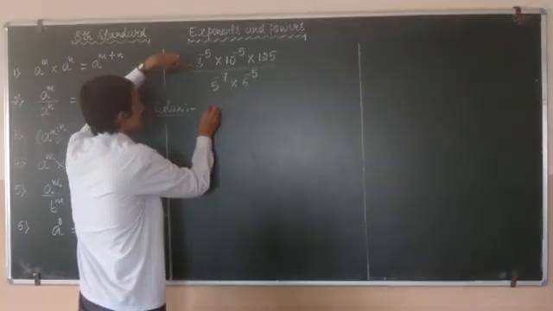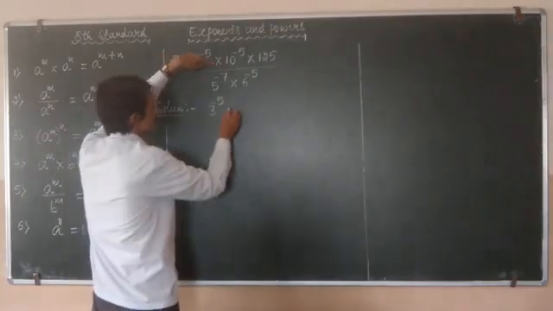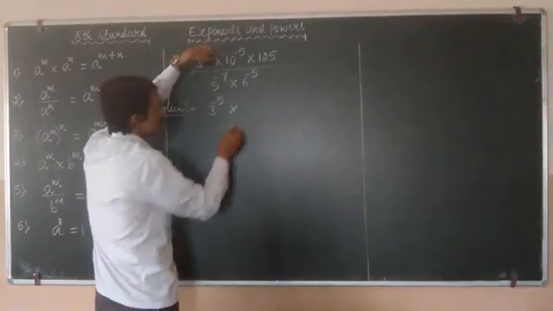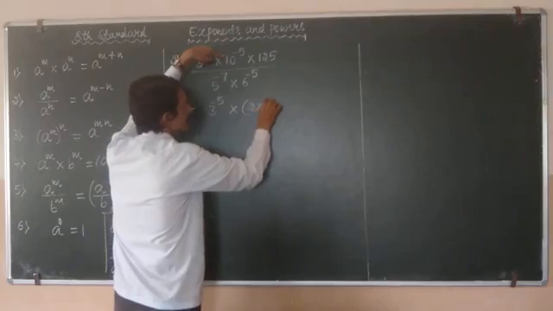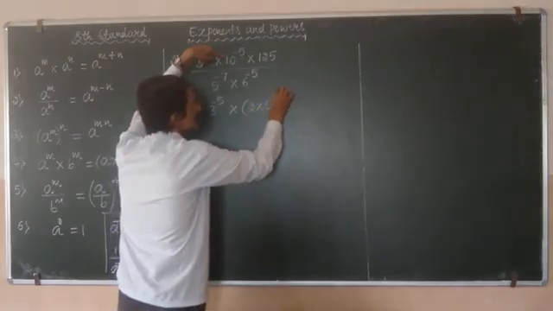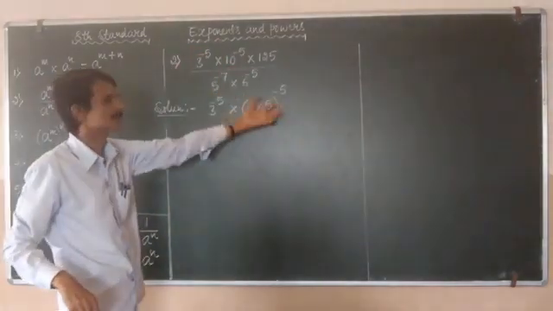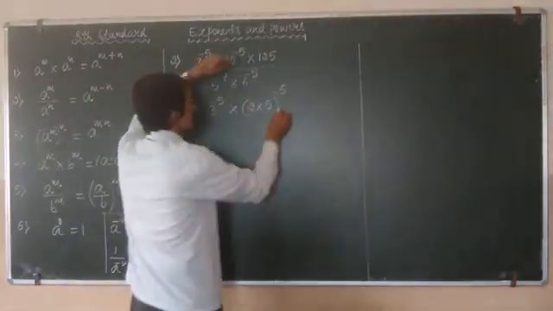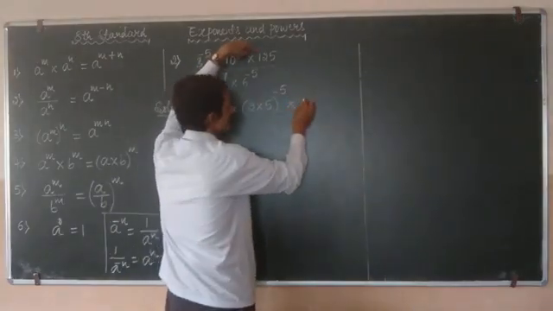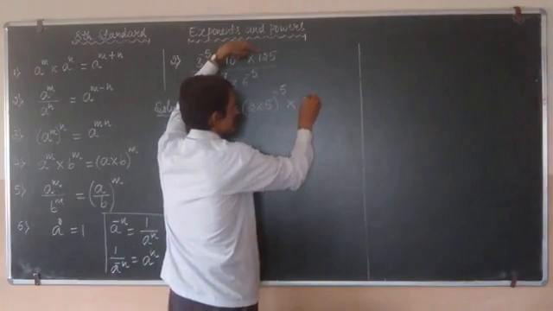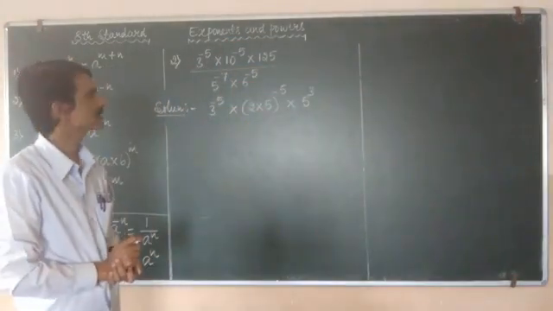So write this as 2 to the power of minus 5 as it is, and this 10 can be written as 2 into 5, 2 into 5 to the power of minus 5, because 10 is a product of 2 and 5. This 125 is expressed in factors of 5, so that can be written as 5 cube: 5 5s are 25, 25 5s are 125.